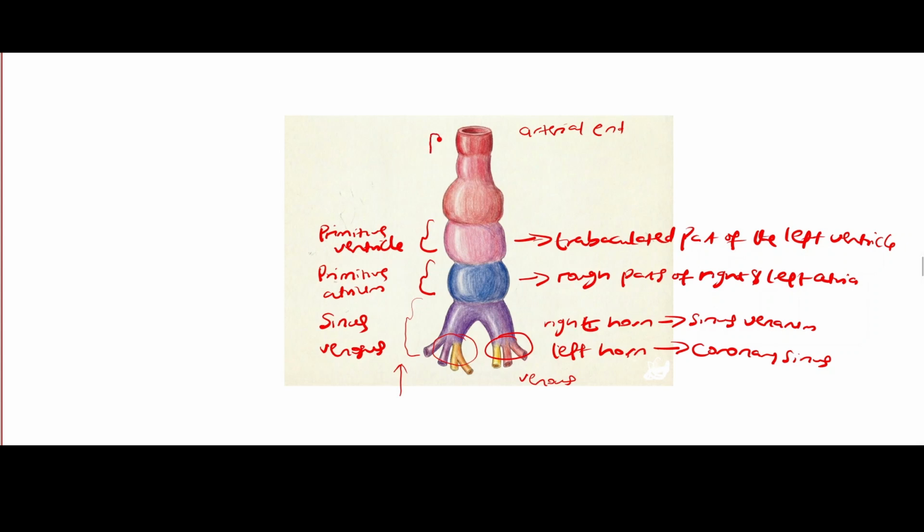Now this part is called the bulbus cordis. The proximal part of the bulbus cordis forms the trabeculated part of the right ventricle.